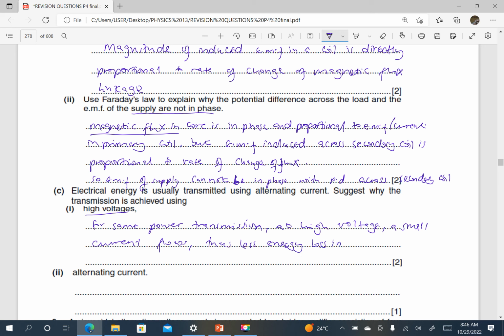That is why power is transmitted at high voltage, when we're using a step-up transformer. At high voltage a small current flows, and the power dissipated depends on I squared R, so a small current means a small power dissipated.